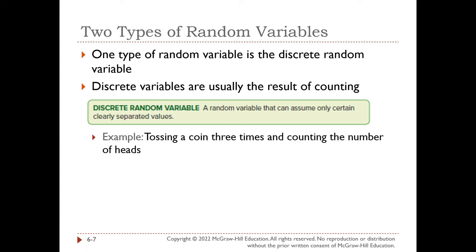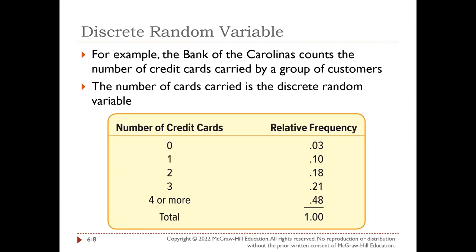Discrete random variables can also assume fractional or decimal values, but the values must be separated by having distance between each value. So example, tossing a coin 3 times and counting the number of heads. Separate values.